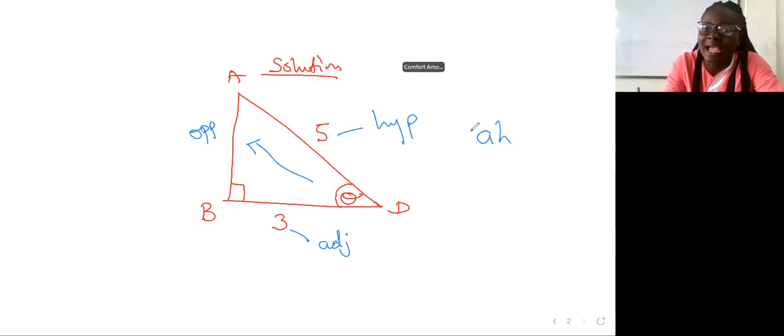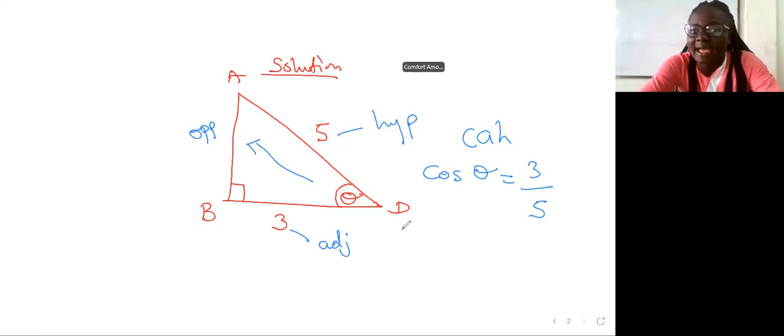CAH. That is CAH. So we are going to get cos theta is equal to, what is the A? 3. What is the H? 5. The question is find theta. That is the angle, not cos theta. So you are going to find the inverse, the trig inverse.